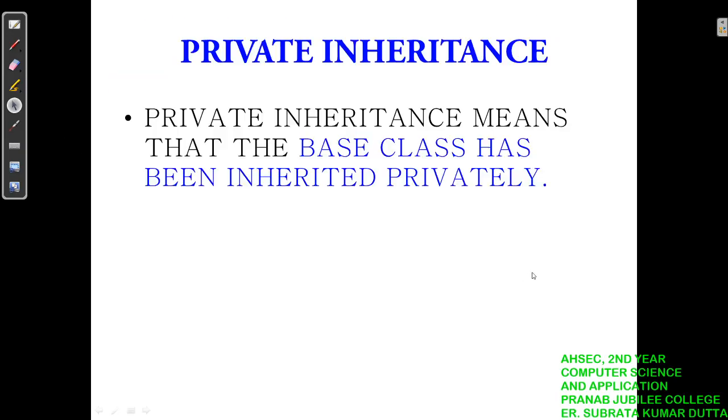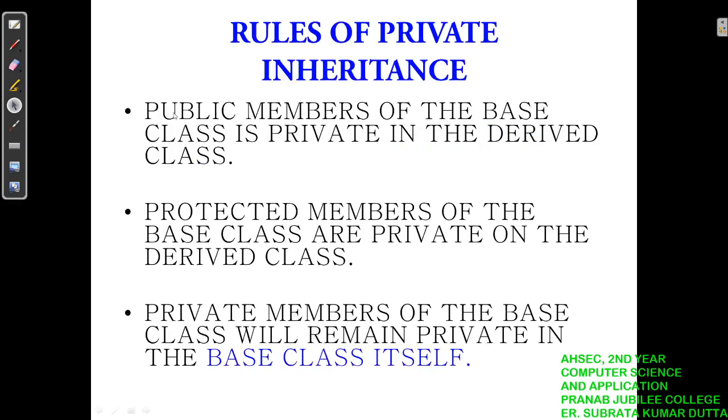Okay, next is private inheritance. In private inheritance, all the members that you inherit will become private. So the rules are, public members of the base class become private in the derived class.